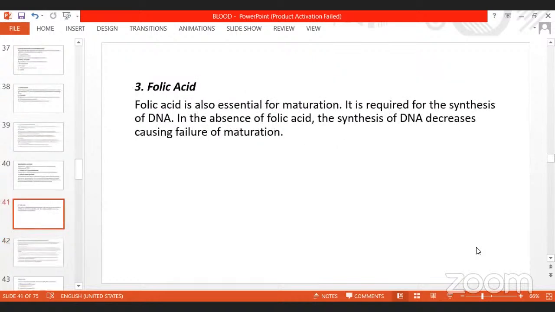And folic acid is essential for maturation, and is required for the synthesis of DNA. So, if folic acid is absent, DNA synthesis is decreased, causing failure of maturation.